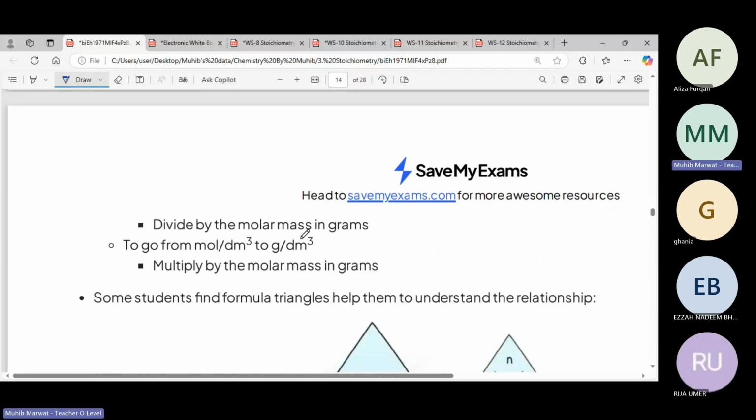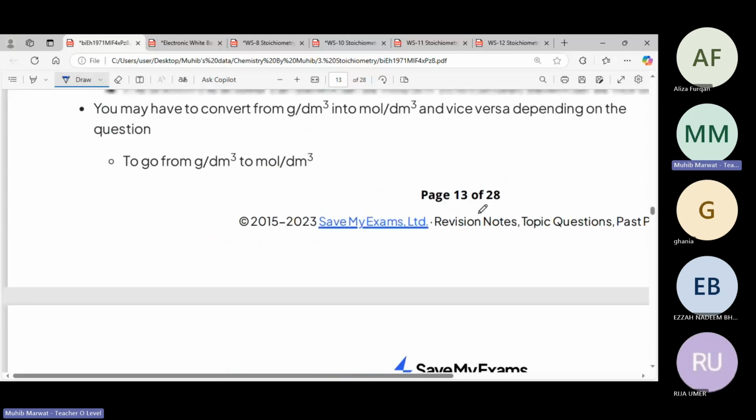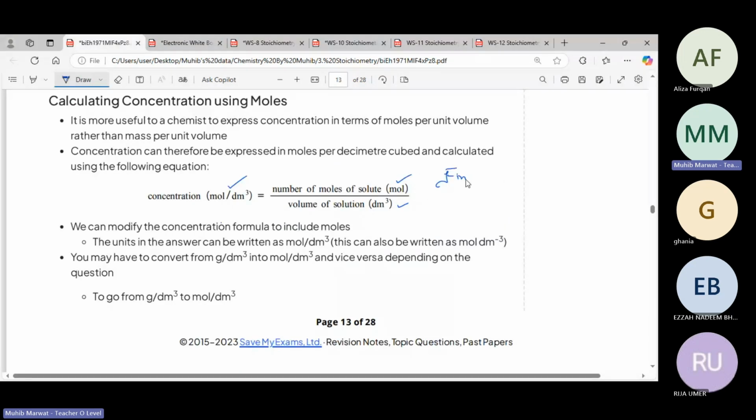Please respond so that I know that you are attentively listening to my lecture. Again, in this case, for example, we are doing a question to find concentration in moles per dm cube, if the solute is 5 moles and the volume is 3 dm cube.